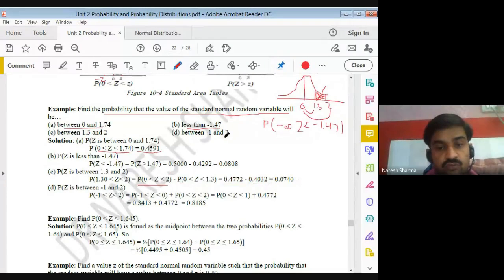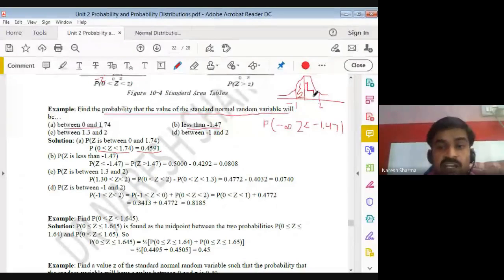See again, we go to the value given, from here -1 to 2. So that means your area is on both sides, the negative side of this and also the positive side of this. So all calculations should start from 0.